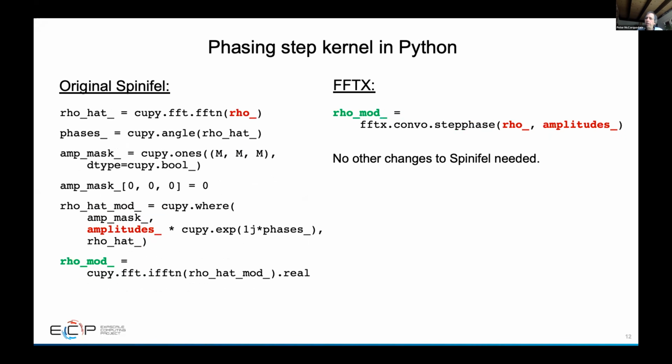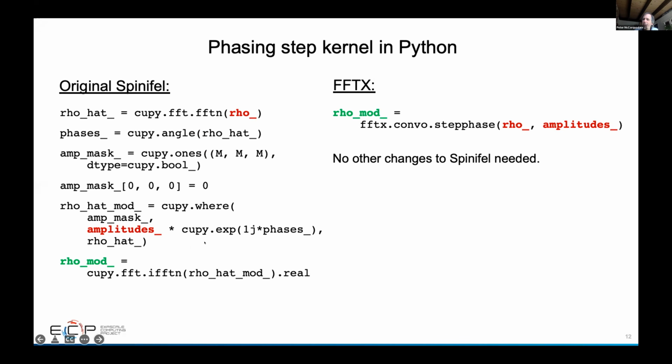Now the other kernel is the phasing step, and it is shown here on the left in the original Python in Spinifel with inputs row and amplitudes. It does a forward 3D FFT to give row hat, and then it extracts the phases of row hat and sets row hat mod to an input amplitude times the phases except at the point 0, 0, 0.